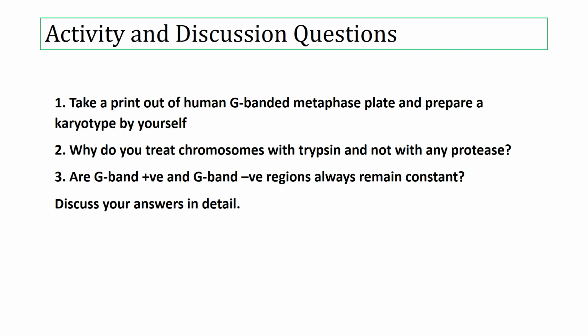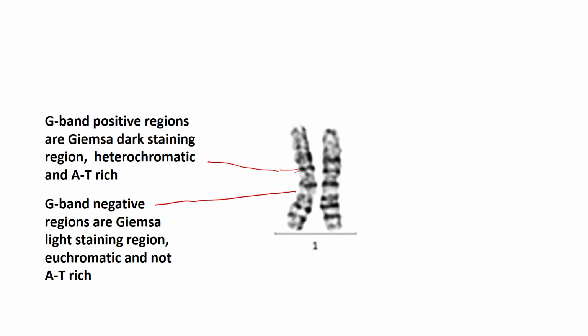And now this has become a very standard banding even today. Everybody follows G banding, and as we see these G bands, we will go on to banding nomenclature. They remain constant in a chromosome, and they have been numbered with reference to the centromere.